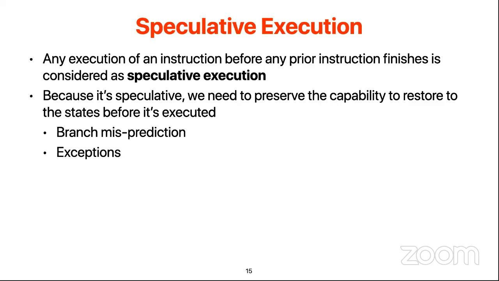By speculative execution, it means that we just guess this instruction will be executed. We allow this instruction to go to its execution stage and propagate its result to later instructions.